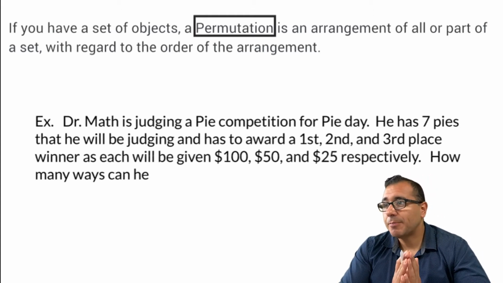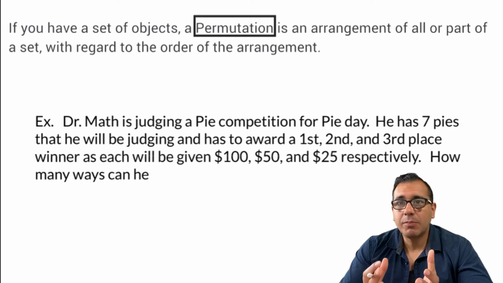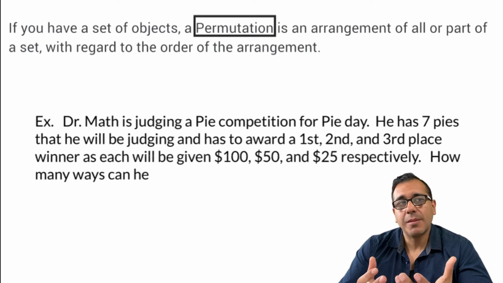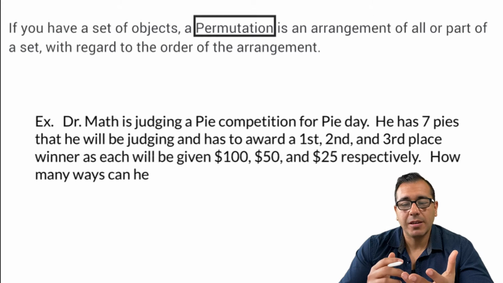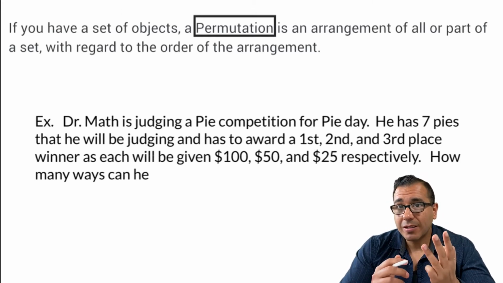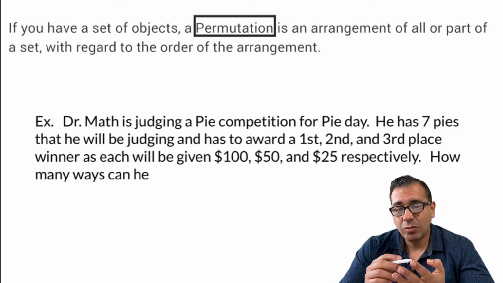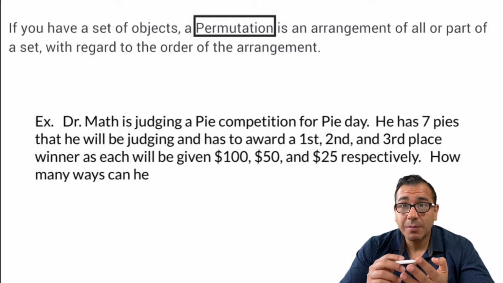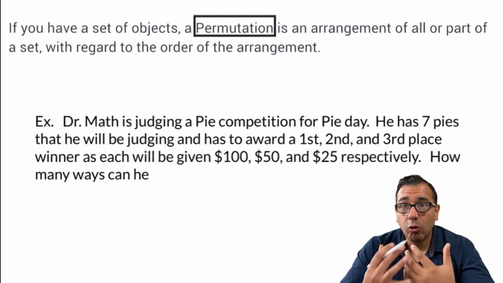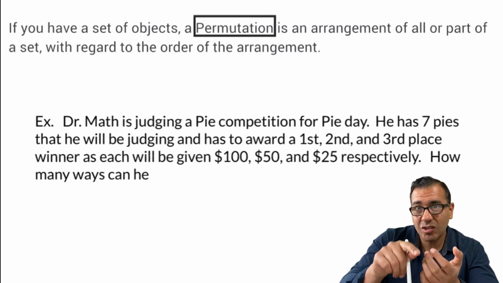Say you have a bunch of people and you're going to select some to be president, vice president, and secretary. Those positions are important and they each do different things. If I switch the president and the secretary, that's going to make a big difference, because the order matters of who holds what position.